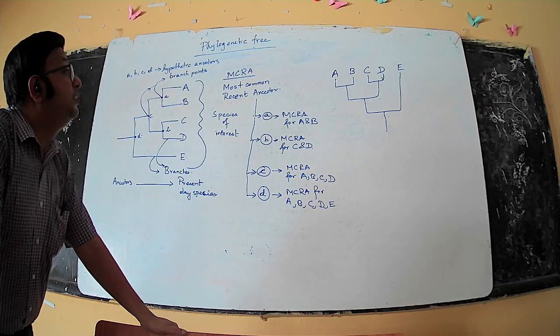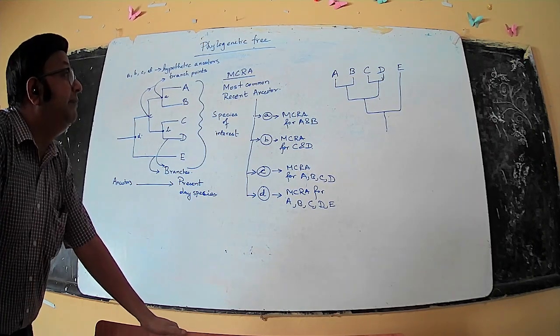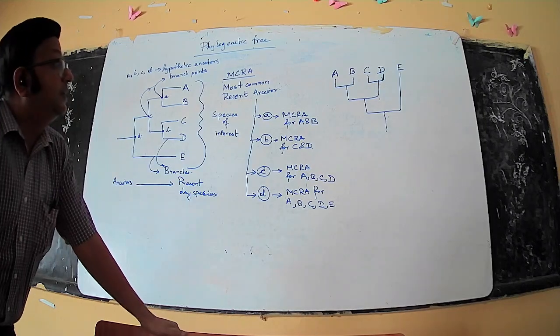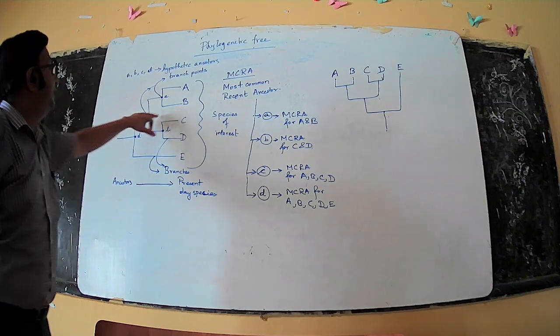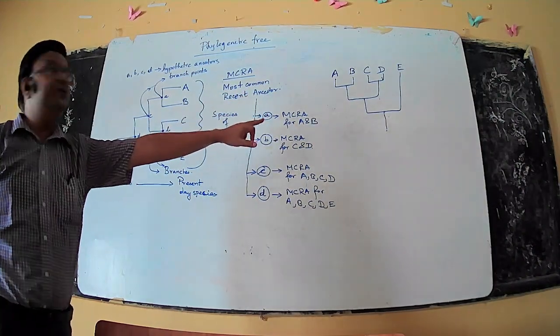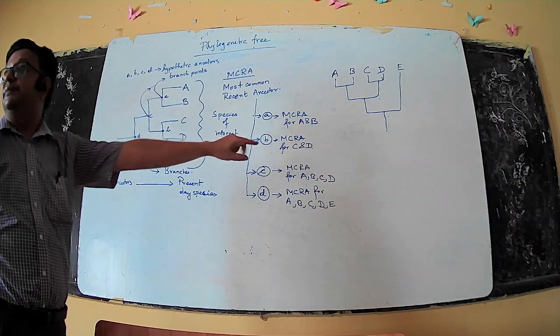এখানেও you see that A and B are close together, C and D are close together, A and B, C and D, they are a bit far away from each other. The pattern is the same, relationship distance is also the same, and E is also the same. It's the same.